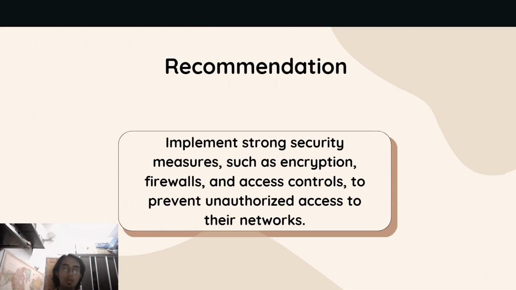To tackle this issue, it is suggested to implement strong security measures such as encryption, firewalls, and access control. This is done so we can prevent unauthorized access to the business networks.